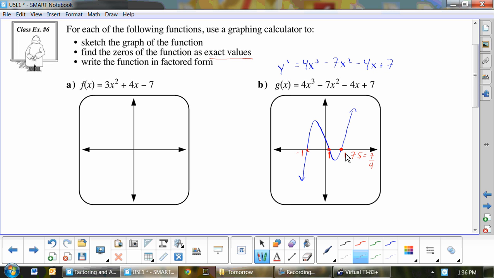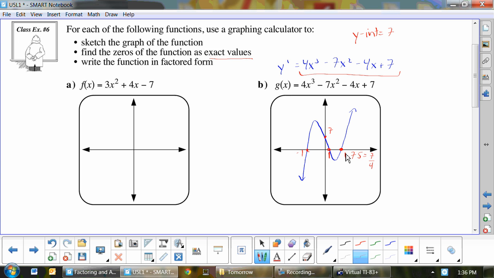So the y-intercept, if you look at our equation here, Justin, what would you guess that the y-intercept would be? Yeah, you got it. So everyone caught that?